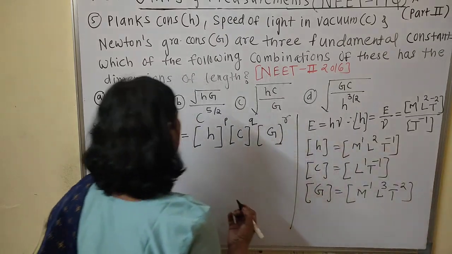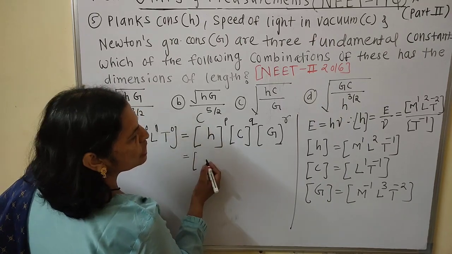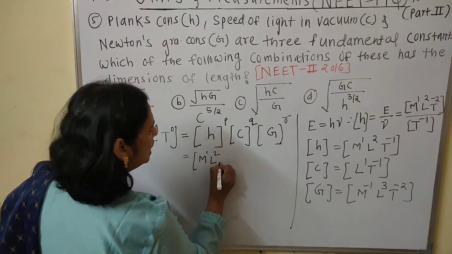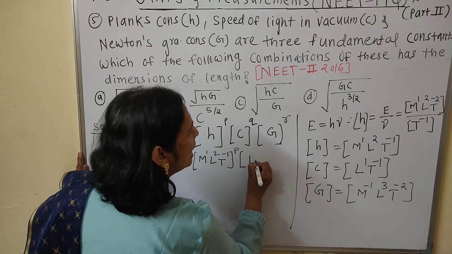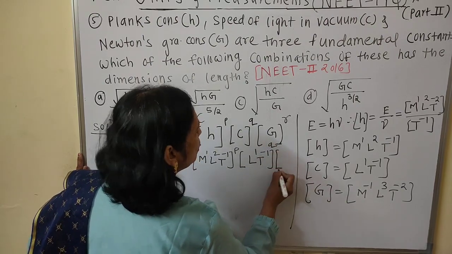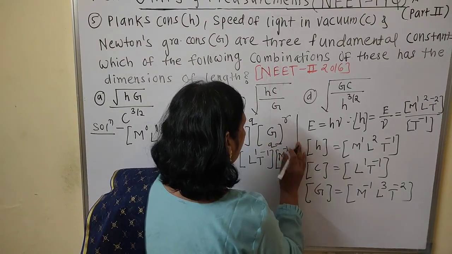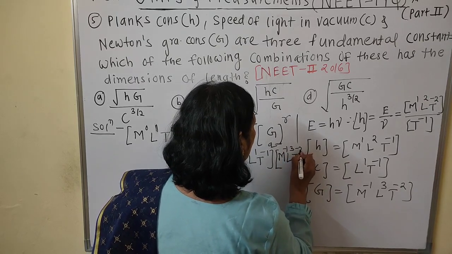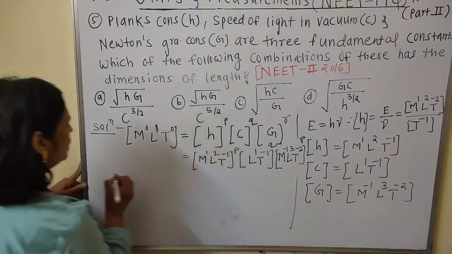Okay, and now substitute the value. Dimension of h, (M^1 L^2 T^-1)^p. Then dimension of c, (L^1 T^-1)^q, and dimension of G, that is (M^-1 L^3 T^-2)^r. Okay, now solve it.